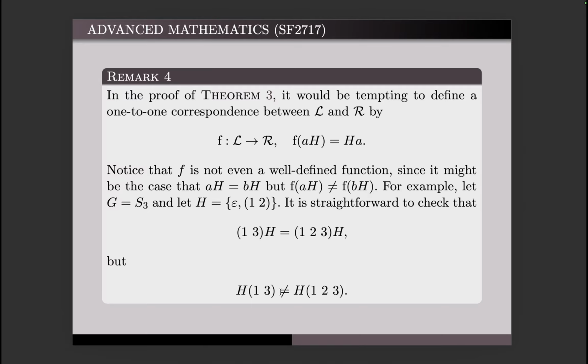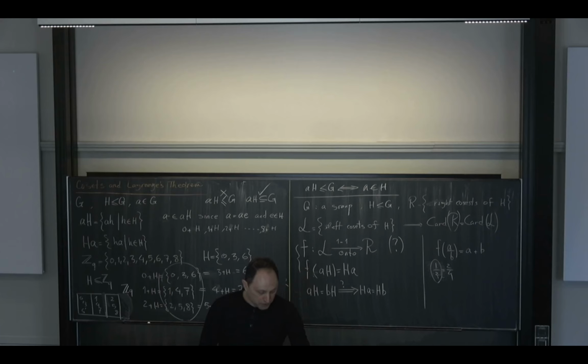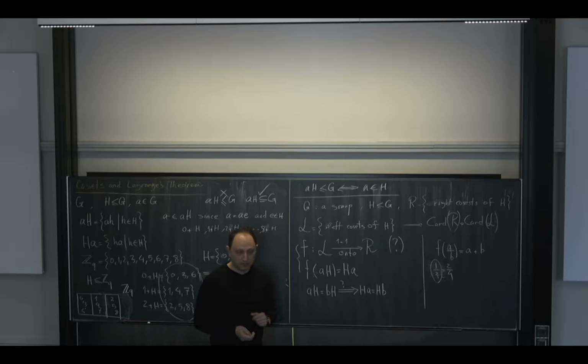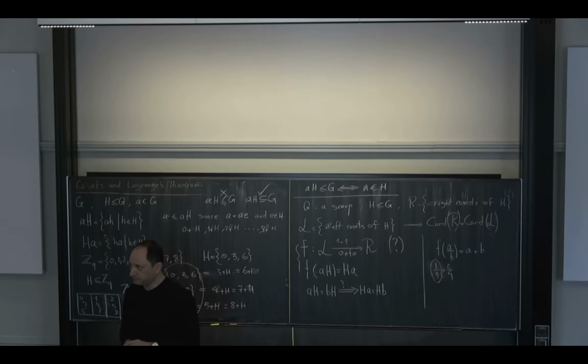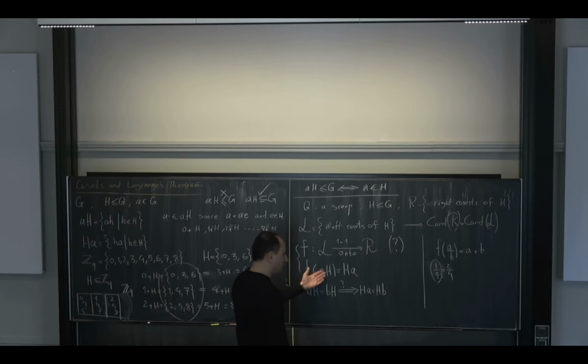I really want you to go and think about it yourself. It's a very simple, extremely simple calculation. Okay? So this is a very natural definition, but the point is that this is not even a function because of that counterexample that you can check at home. Is that clear? Okay, so unfortunately, the easiest one is not correct.